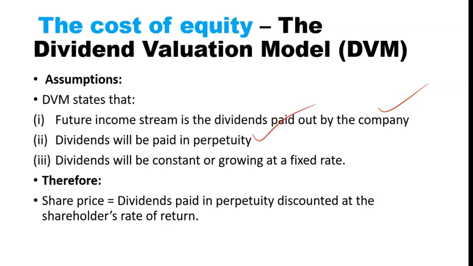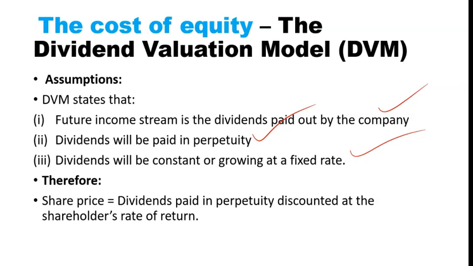That's also another assumption, that the company is going to be there forever or for the foreseeable future, and the dividends will be paid in perpetuity. We are not expecting a stoppage in dividends from the company. Then dividends will be constant or growing at a fixed rate. So therefore, the share price is equal to dividends paid in perpetuity discounted at the shareholder's return.